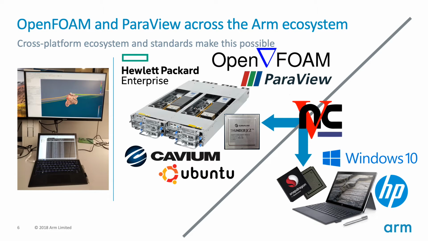This whole model of engaging with partners and developing different products at all layers of the stack and allowing our partners a lot of freedom to go and distinguish themselves with their own IP has led to this complete ecosystem that we see today. So for example, this is a demonstration I did back in June where I ran the OpenFOAM CFD application on a cluster of about 100 Cavium ThunderX2 cores.